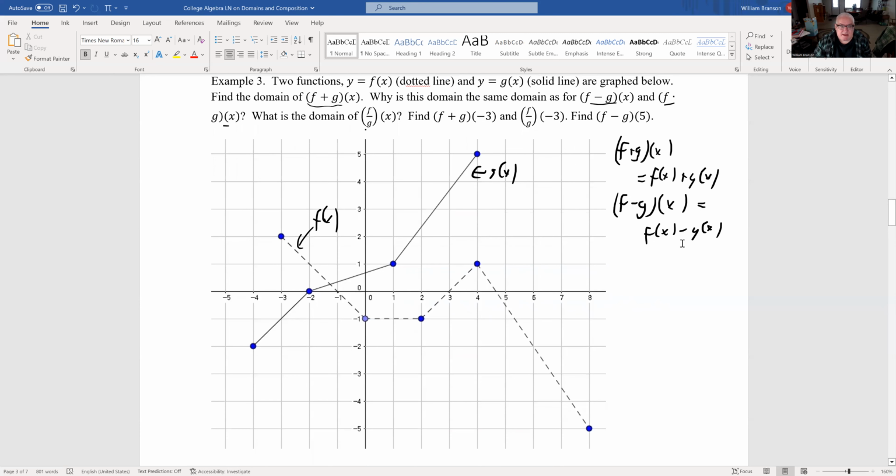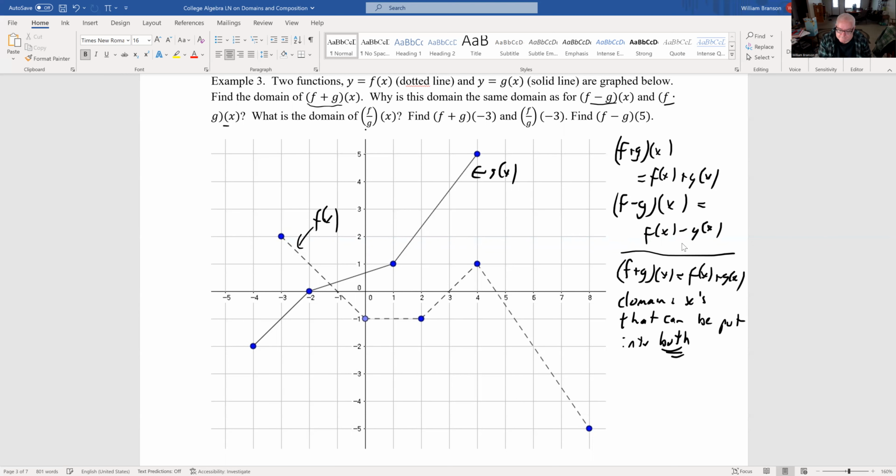So what's the domain of f plus g of x? Well, you write that as f of x plus g of x. So the domain can only be numbers that can go in both of them, right?